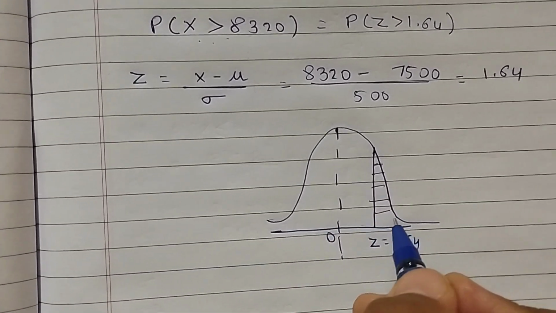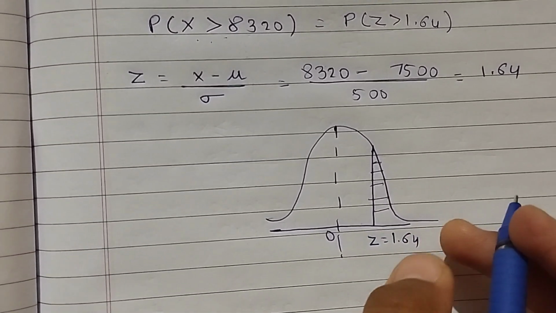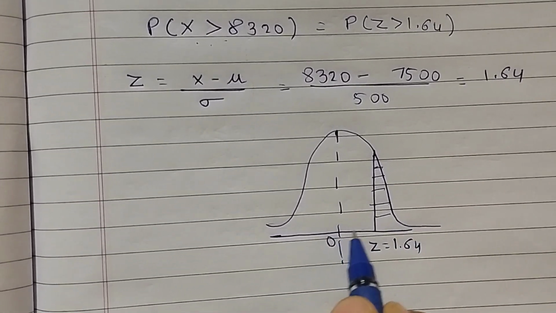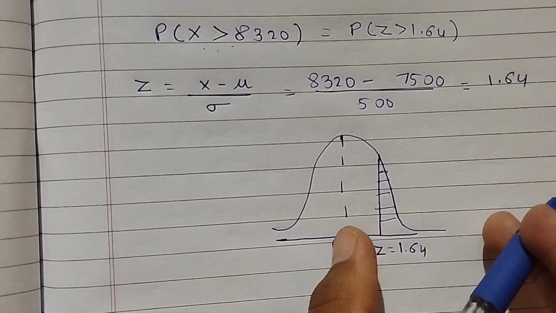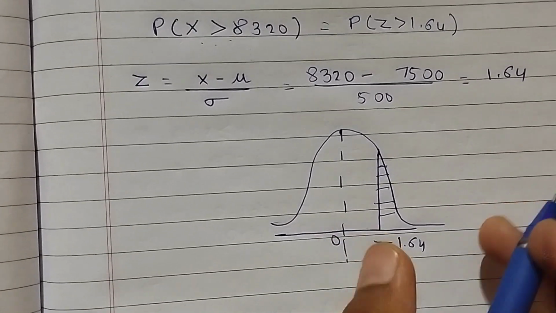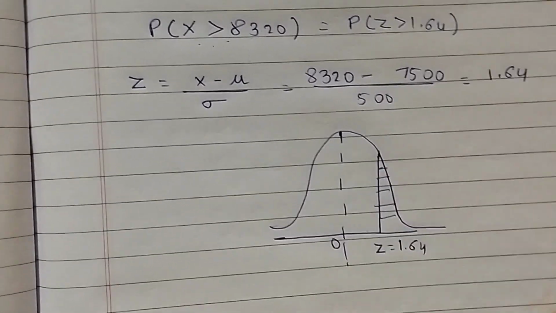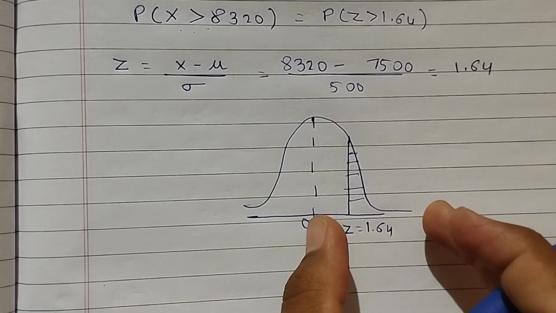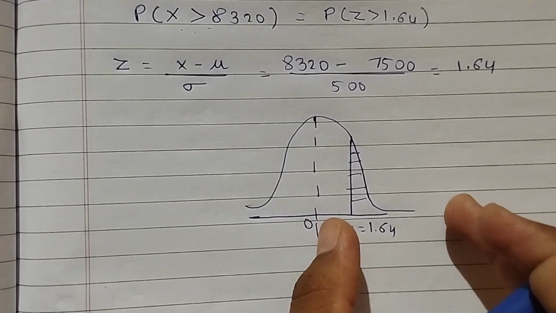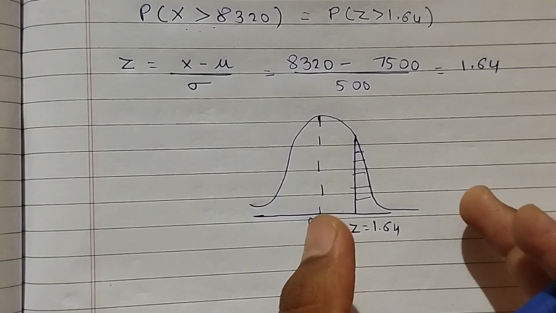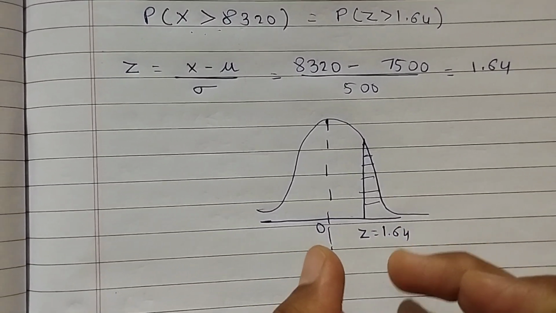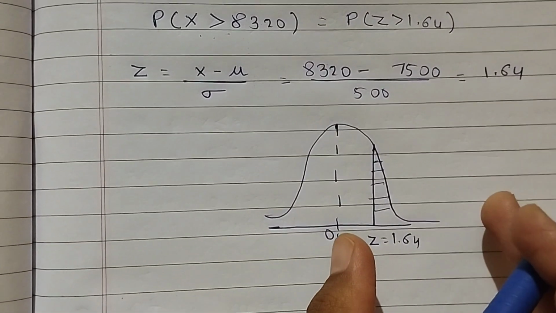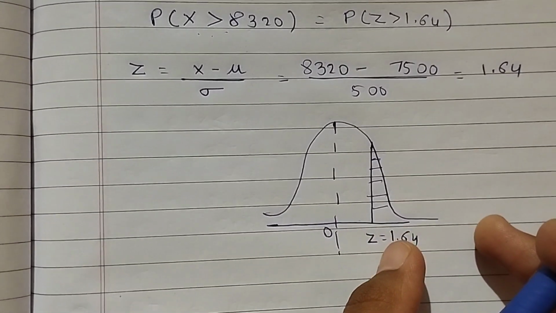So how do we calculate that portion? Simply, if we subtract a portion from the whole portion, we automatically get the remaining portion. The right half of the curve is 0.5, and if we subtract the area of the curve from 0 to 1.64 from 0.5, then we get the remaining value.